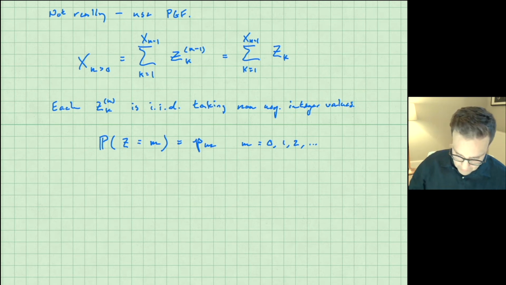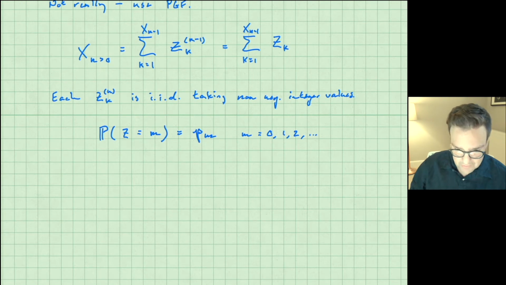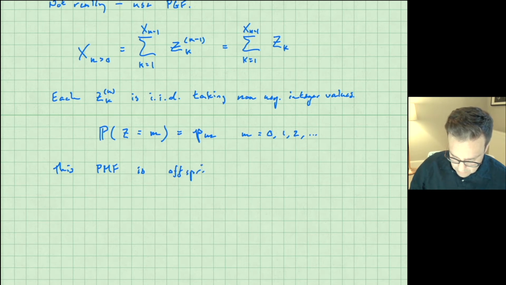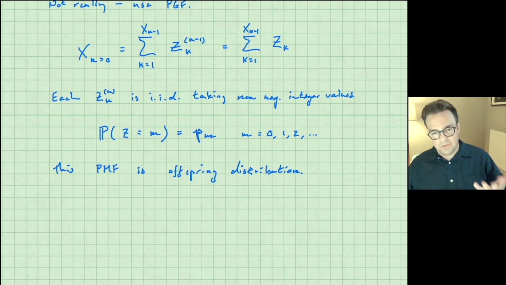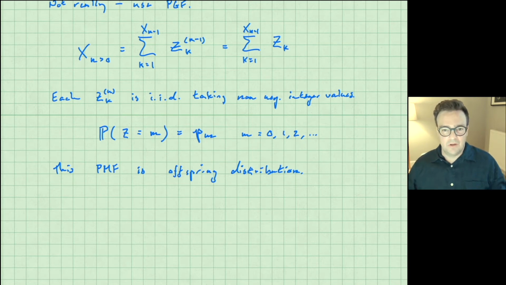And this quantity here, this probability mass function, is called the offspring distribution. Right, so each particle or each member of the population as you go along here is governed by the same rules for how many particles or offspring they might produce at their branching event.